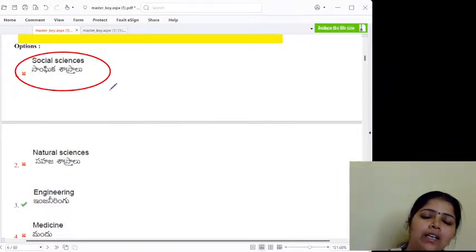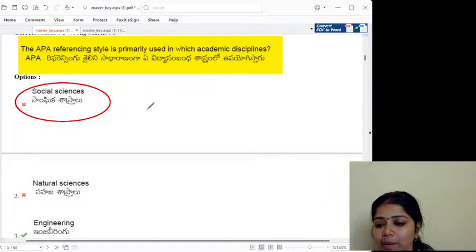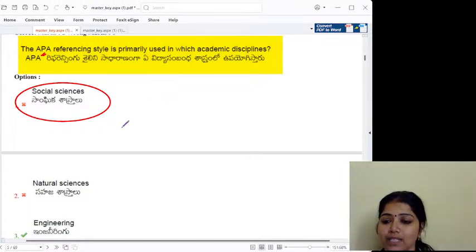We will discuss that. So see, in research we have a referencing style, total 8 questions. APA is the American Psychological Association, and they provide us with a referencing style to format our references in our thesis. Very good. In our thesis we have references.